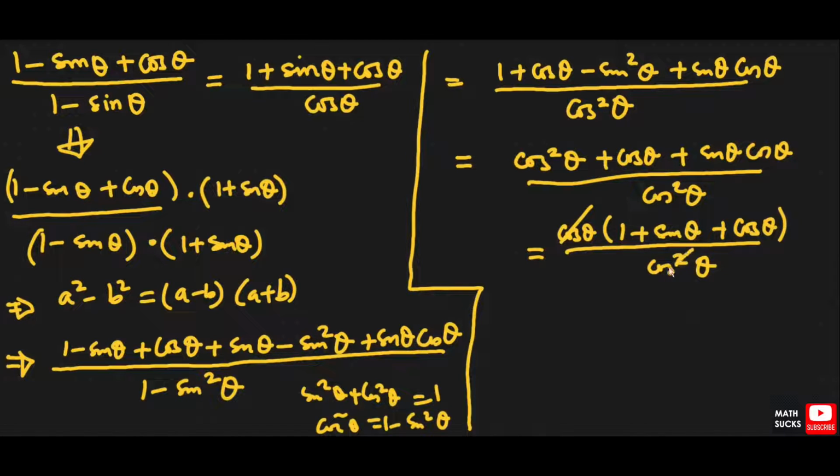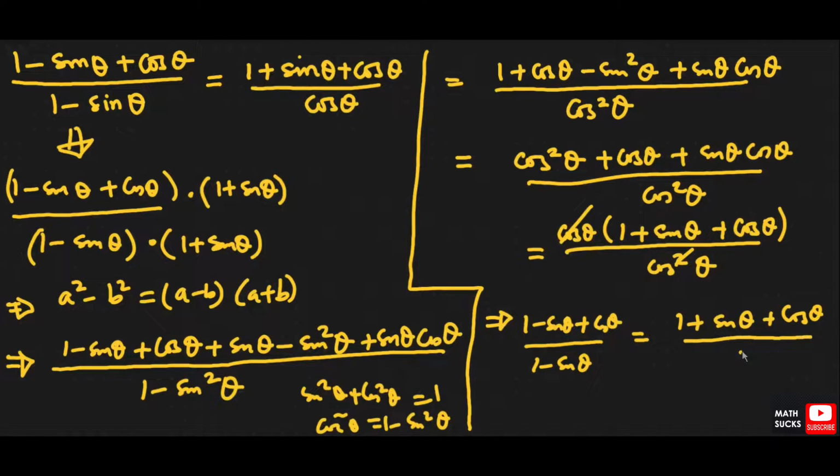And so one cos will cancel here, and so that takes us to our verification, that (1 minus sine theta plus cosine of theta) over (1 minus sine of theta) is equal to (1 plus sine of theta plus cos of theta), everything over cos of theta.